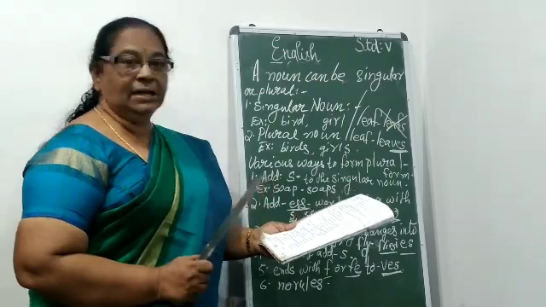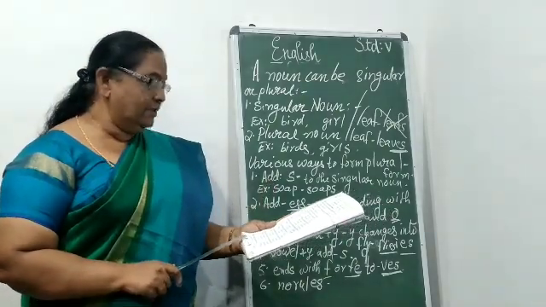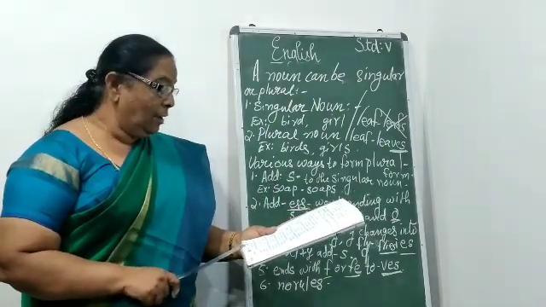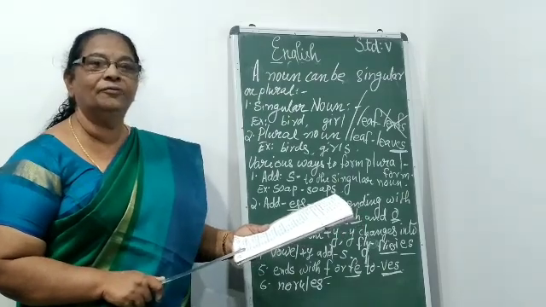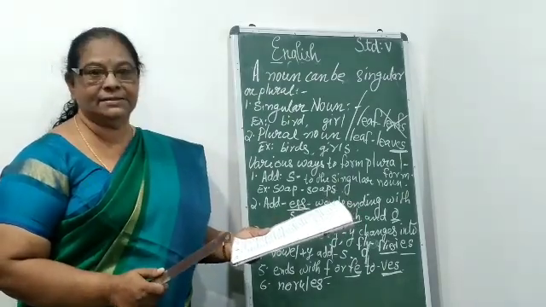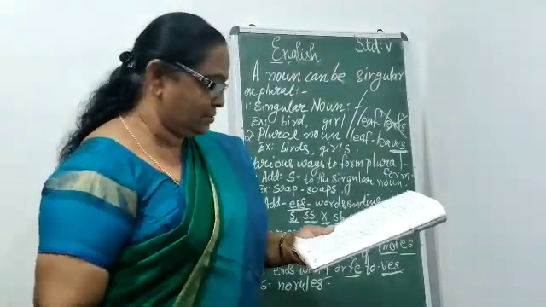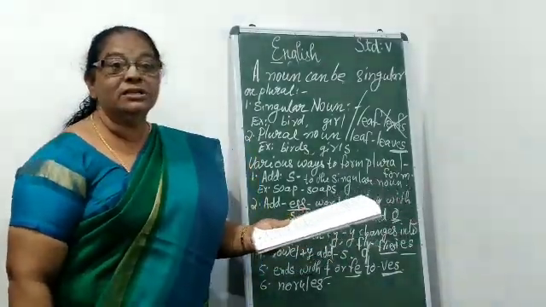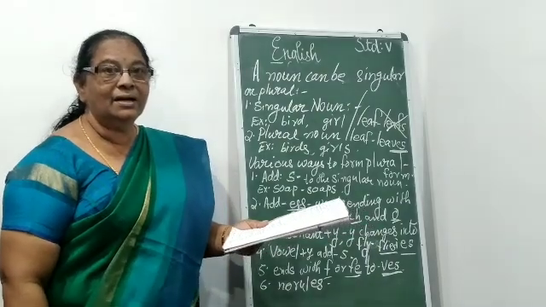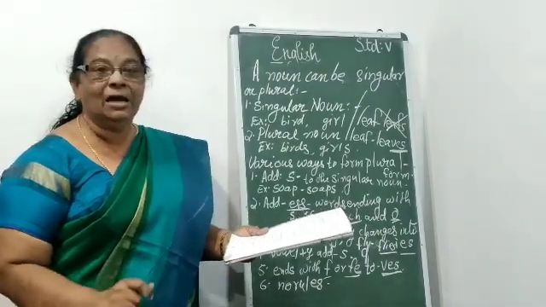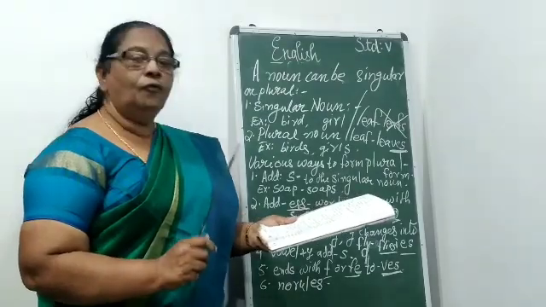Okay? Is it clear? Now coming to the seventh rule. Some nouns are always used in plural forms as it is. Can you tell any words? Yes. Spectacles. Okay? Trousers. These are the plural form.